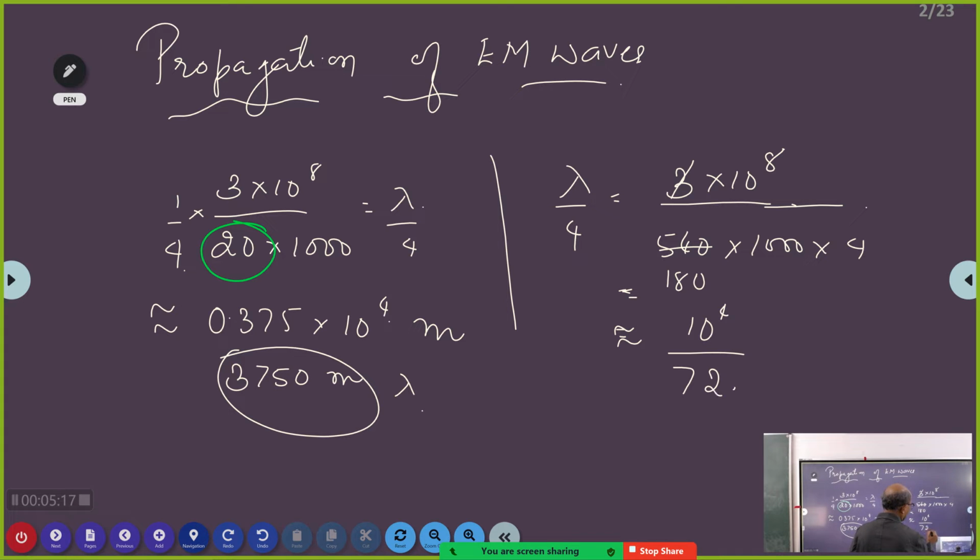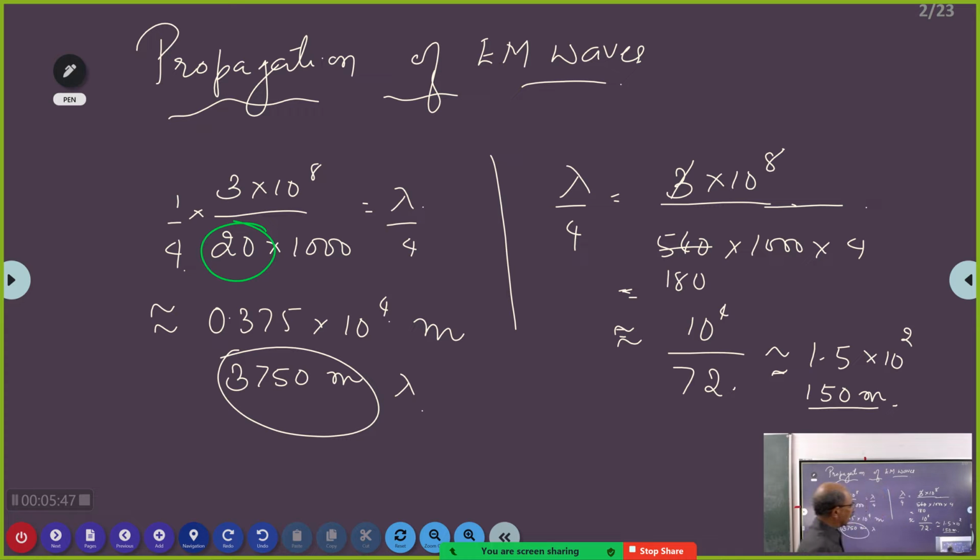If I take this 72 close to 100, just to give you an idea, approximately 1.5 into 10 to the power of 2, that is 150 meters.